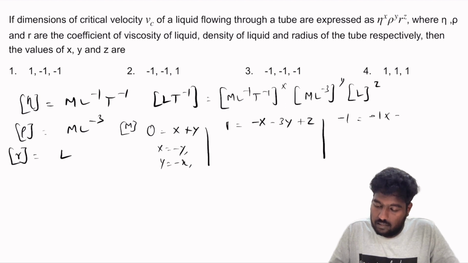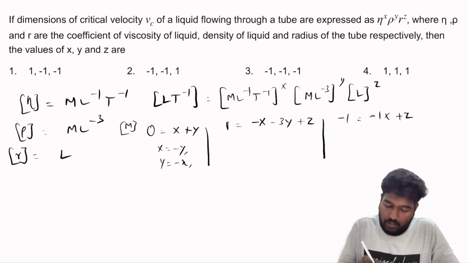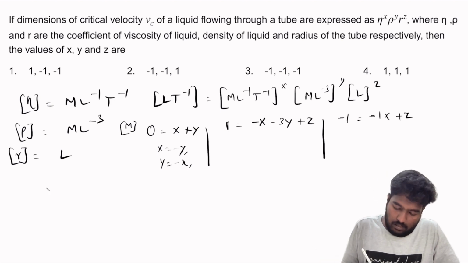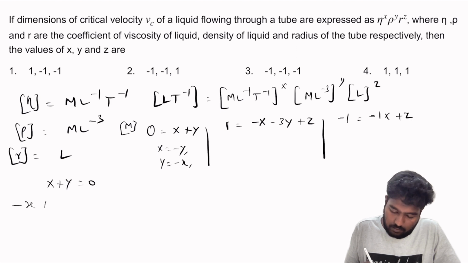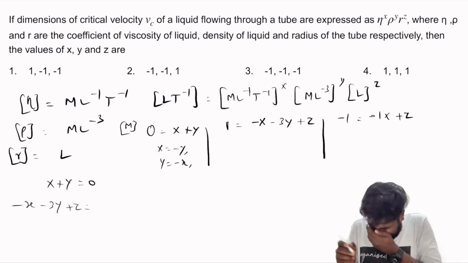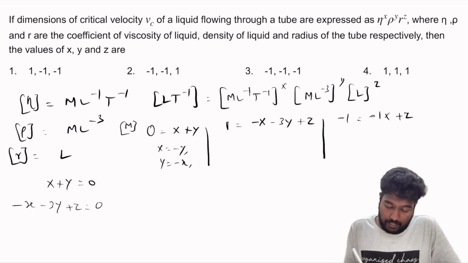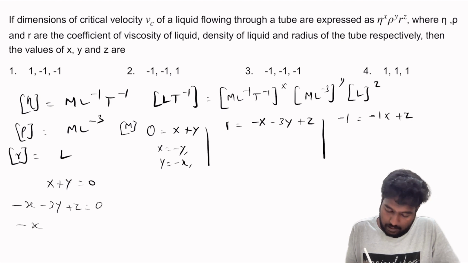We don't have y plus z. Okay, so you have three equations. x plus y equal to 0, minus x minus 3y plus z equal to 0, minus x plus z equal to 1.